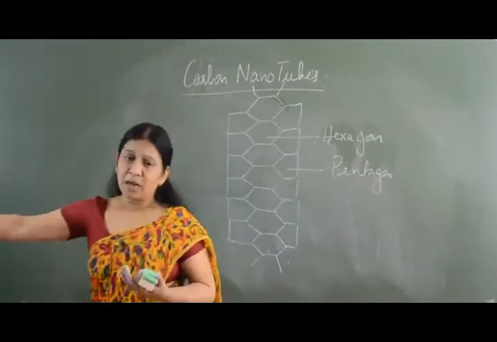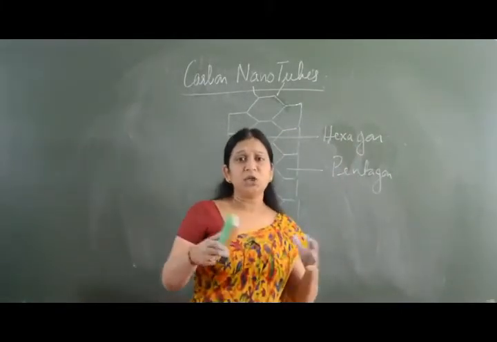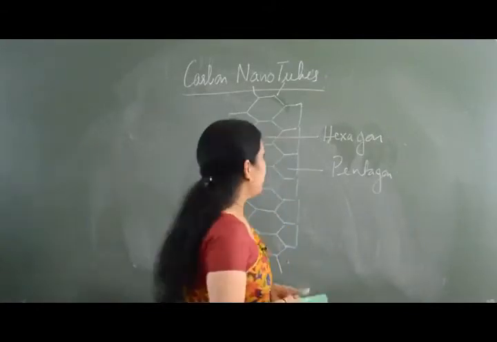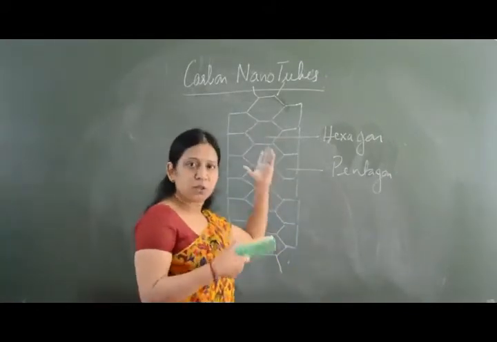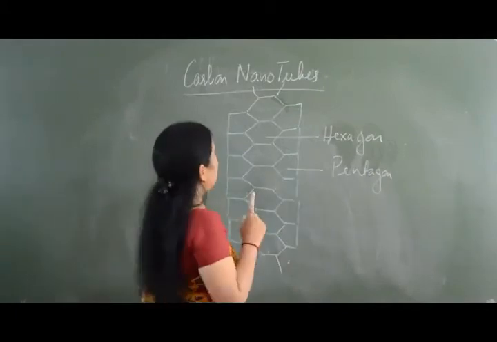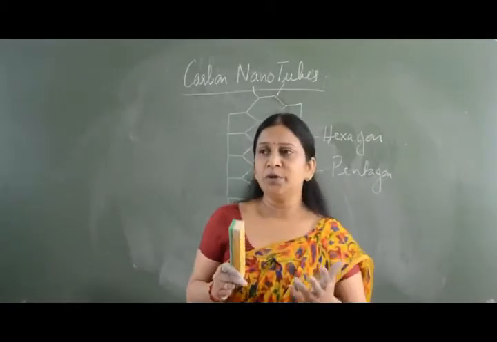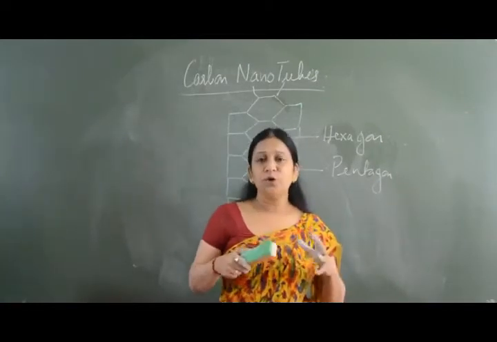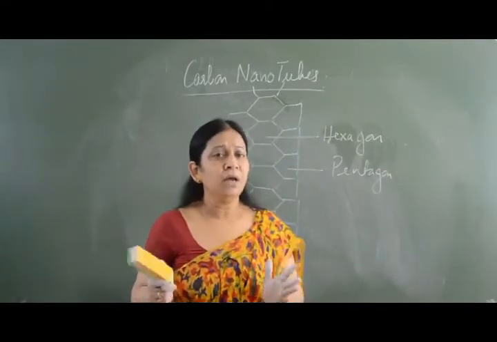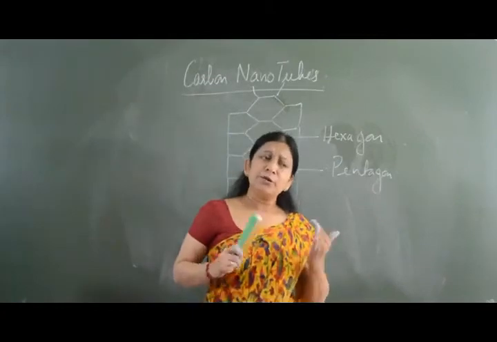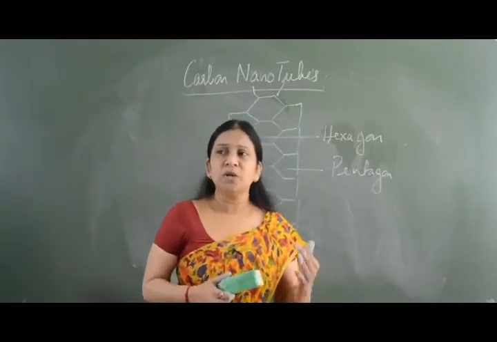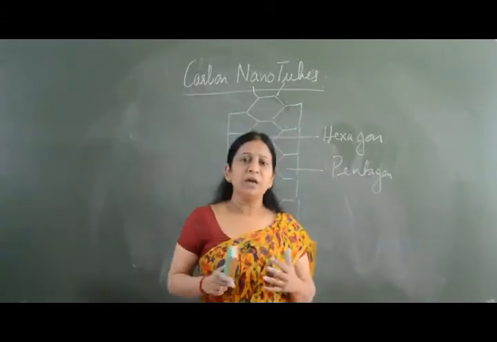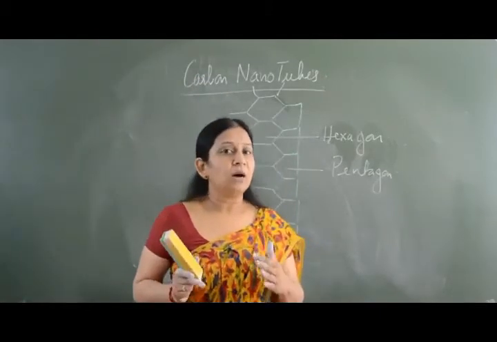Now, a carbon nanotube is basically a sheet of graphite, and the arrangement in graphite is also hexagonal. So what are carbon nanotubes? Carbon nanotubes are fullerenes of very big size, and a fullerene of very big size appears in the form of a cylinder. Initially it was known as carbon cylinders, but later they came to be known as carbon nanotubes.